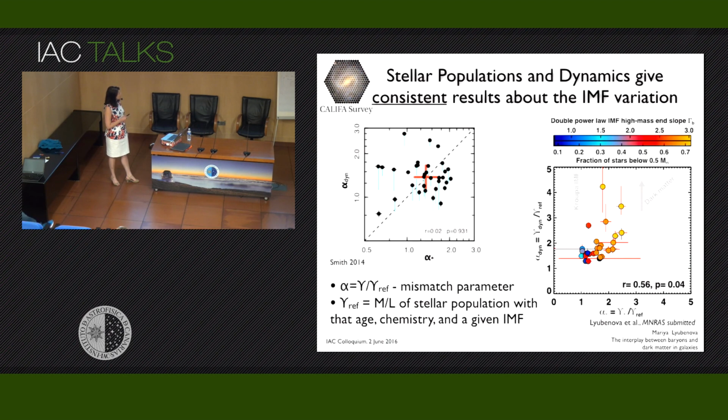I'm not going to discuss why these galaxies are ending up there. There are many, many reasons why there can be. It can be from a non-optimal choice of IMF and its variation from the stellar population point of view, but it can also be from the dynamics, a non-optimal dark matter profile assumption to be subtracted to obtain the dynamical evidence.